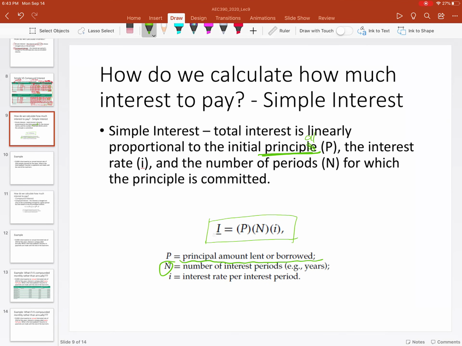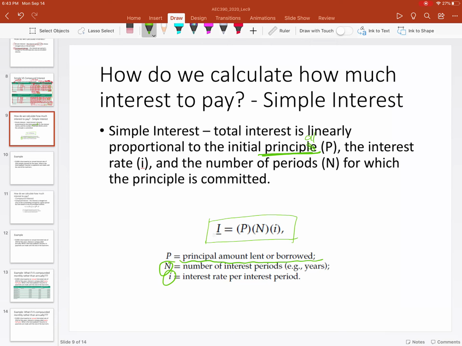Okay? And what is the lowercase i? Lowercase i is the interest rate per interest period. Like the 10%. So if you want to calculate the simple interest, you need to use P, the principal amount, times the number of interest periods times the interest rate.